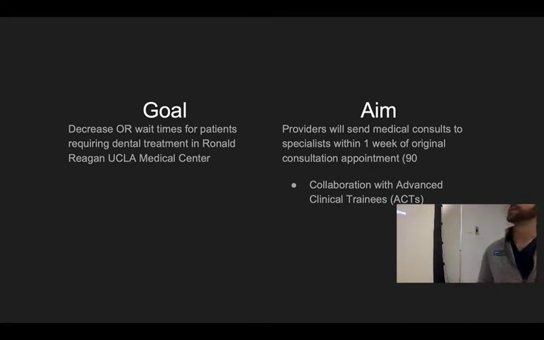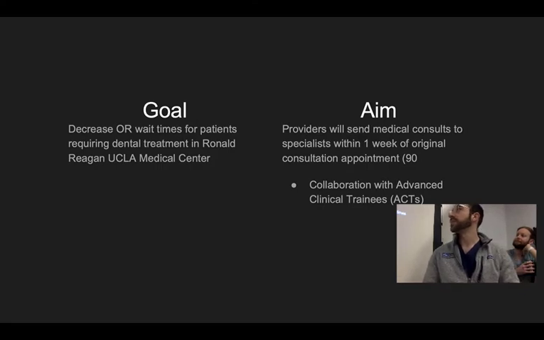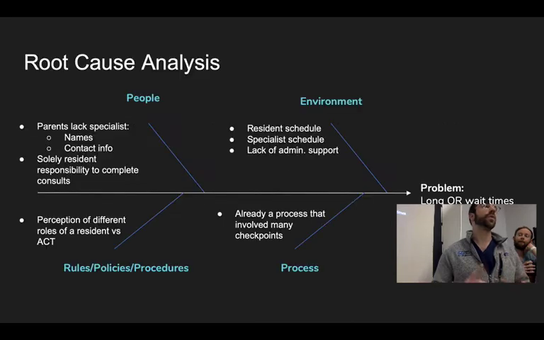So this is our root cause analysis, which incorporates the people, environment, rules, policies, procedures, and the actual process. As far as the people component, that's basically the parents and the patients, as well as us on the other side. Oftentimes patients come in with their parents and they have medical complexities, and these parents are dealing with a lot, and it's hard to keep track of who these specialists are.